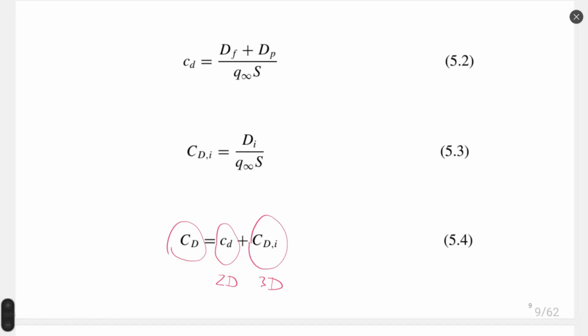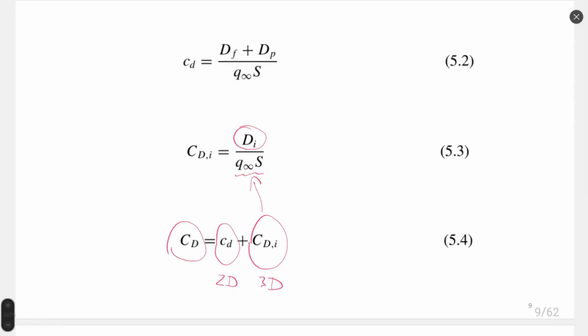We must take both of these drag coefficients into account to calculate the total drag coefficient over the wing. The induced drag coefficient is defined similarly to the ordinary drag coefficient. Instead of drag force, we use induced drag force, and as a reference we use dynamic pressure and the area of the wing. S is the planar area of the wing, not the chord anymore.